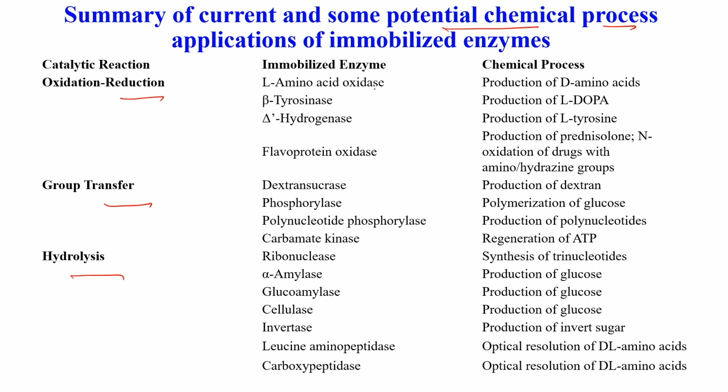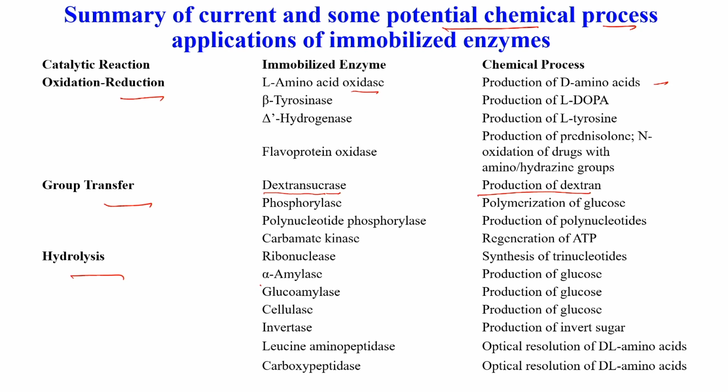The enzyme, let us say, is L amino acid oxidase. This is used for the production of D amino acid. Similarly, in the group transfer, dextransucrase is used for the production of dextran.